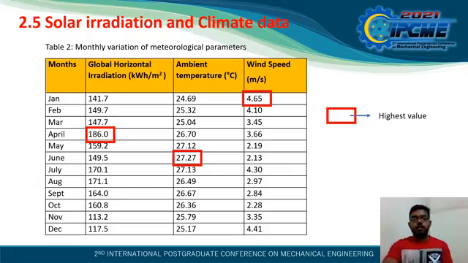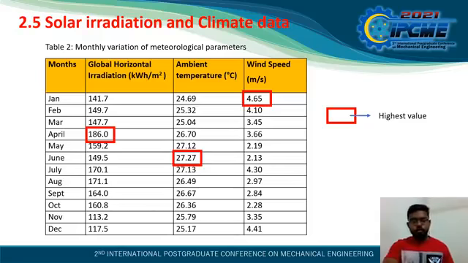And coming to the climatic and radiation data which is retrieved from the solar PV software, it can be seen that the second column gives the global horizontal irradiation. It seems that April has the maximum irradiation, followed by June or so.